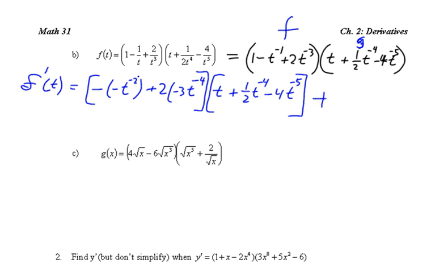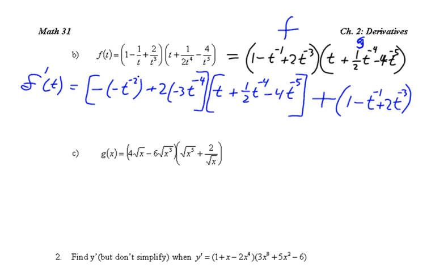So now, what I did was I did the derivative of f. Remember, the derivative of 1 is 0. Then we have negative times negative t to the negative 2 plus 2 times negative 3t to the negative 4 for that one right there. Now the other way around, I need to write down f as it stands. So 1 minus t to the negative 1, plus 2t to the negative 3, and then multiply that by the derivative of g.